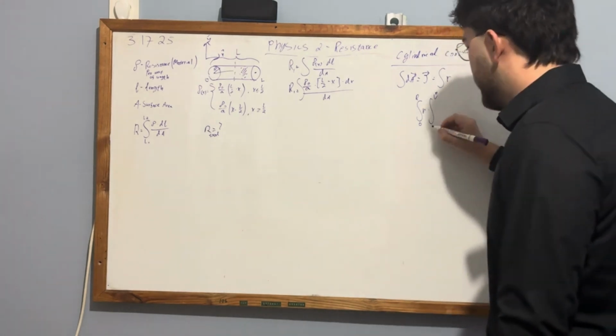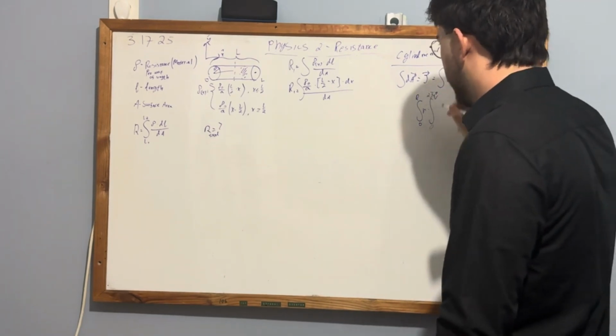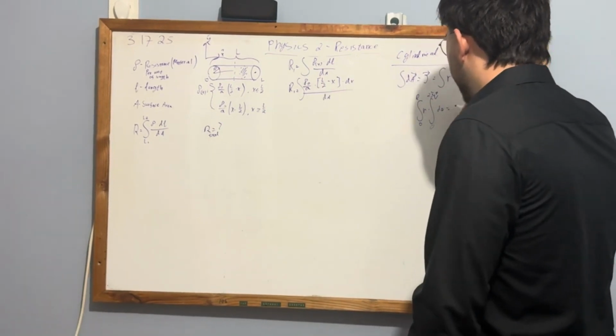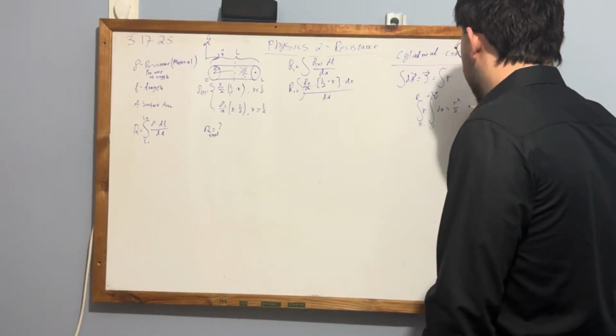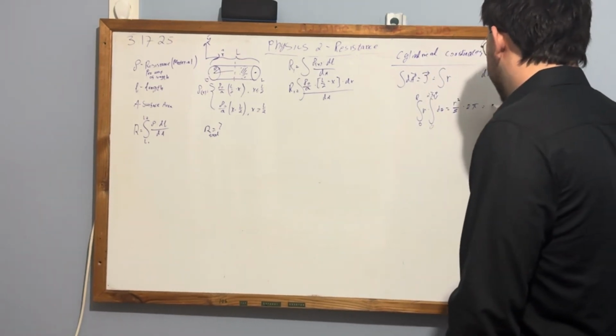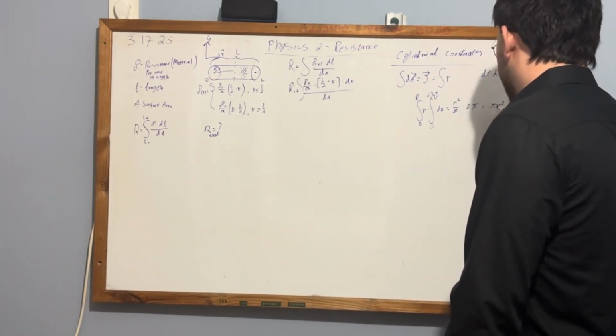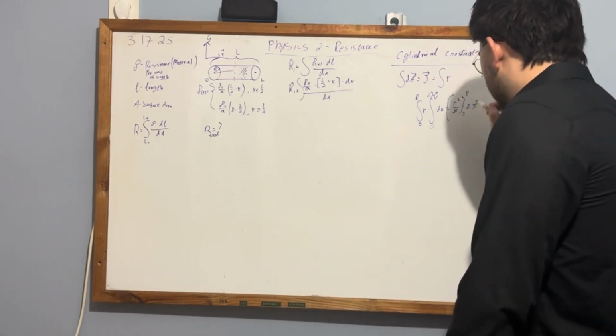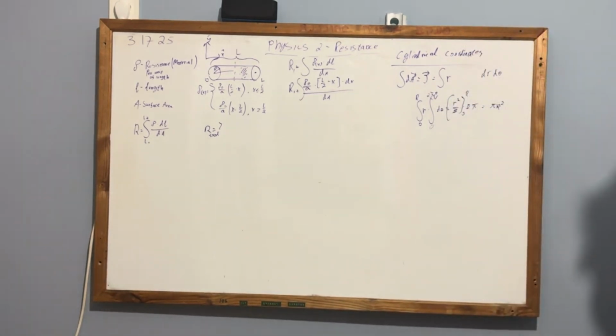And theta goes from 0 to 2 pi because we have a whole circle. What do we get? We get r squared over 2 times 2 pi. That goes out, we have pi r squared, big R squared, because it goes from 0 to R. Interesting.